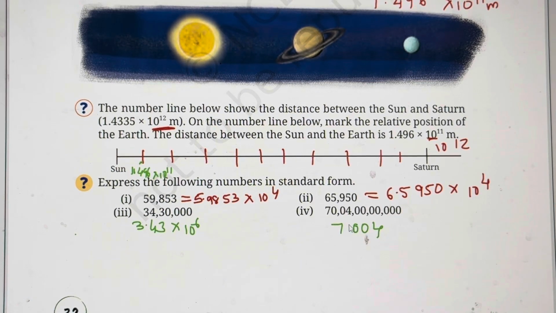Till there are digits, you need to write them. And into 10 raised to, we count this 3 plus 2, 5 plus 2, 7, 9 and 10. We need to count till here. So 10 raised to 10. So this is how we write the scientific notation or the standard form. Okay. So we'll continue with this chapter in the next video. Thank you.